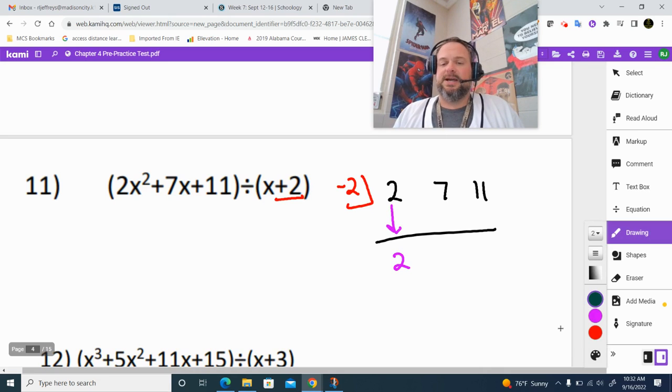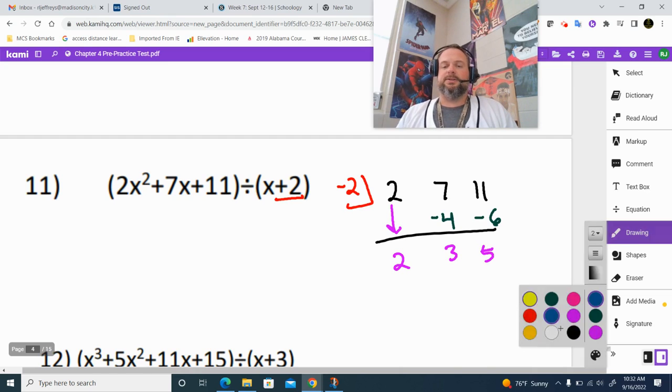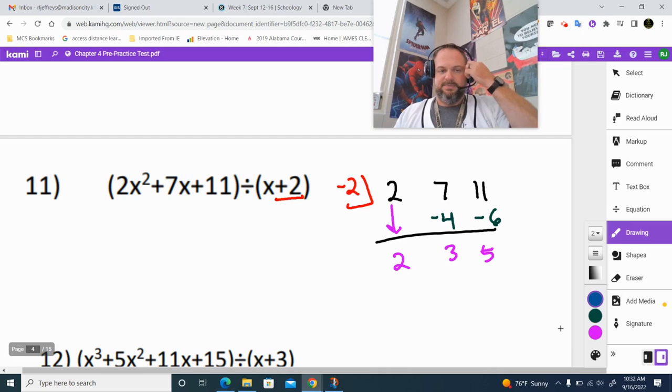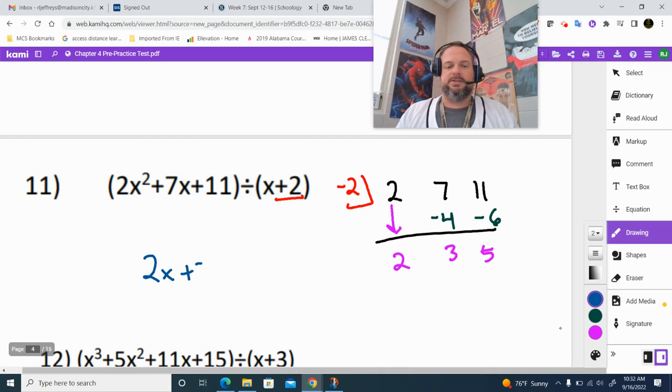Negative 2 times 2, negative 4. So this will give us 3. Then negative 2 times 3 is negative 6, gives us 5. So our final answer on this, because we started with the x squared, this would be just 2x plus 3, remainder 5.